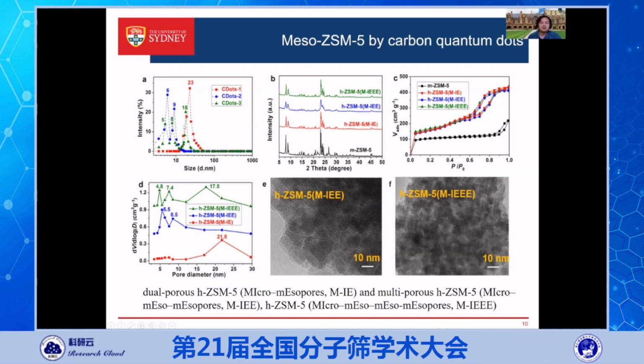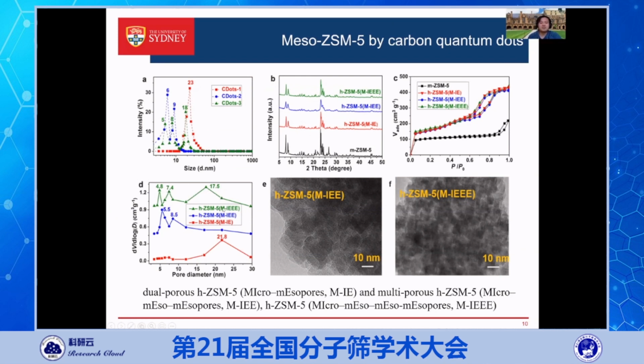So for example, here we use the 3 different sizes of quantum dots grouped together, the green one. We are able to generate 3 mesopore sizes along with micropores, like Silicalite-1.